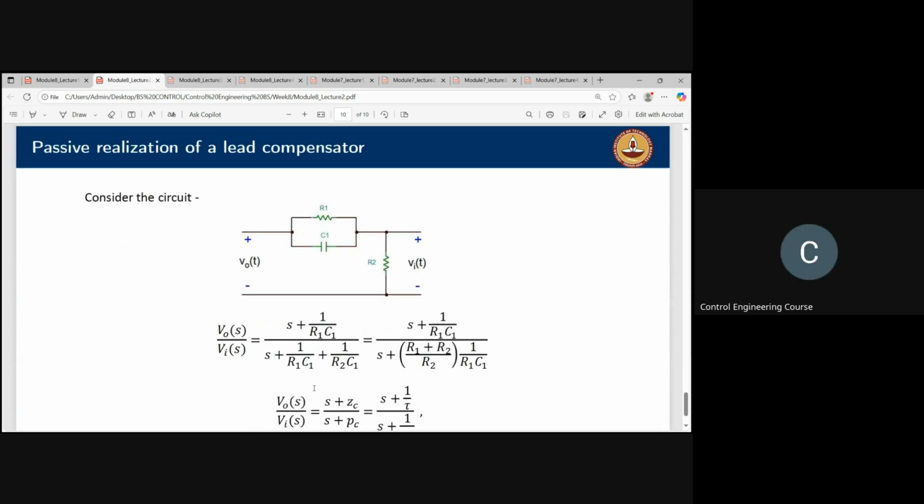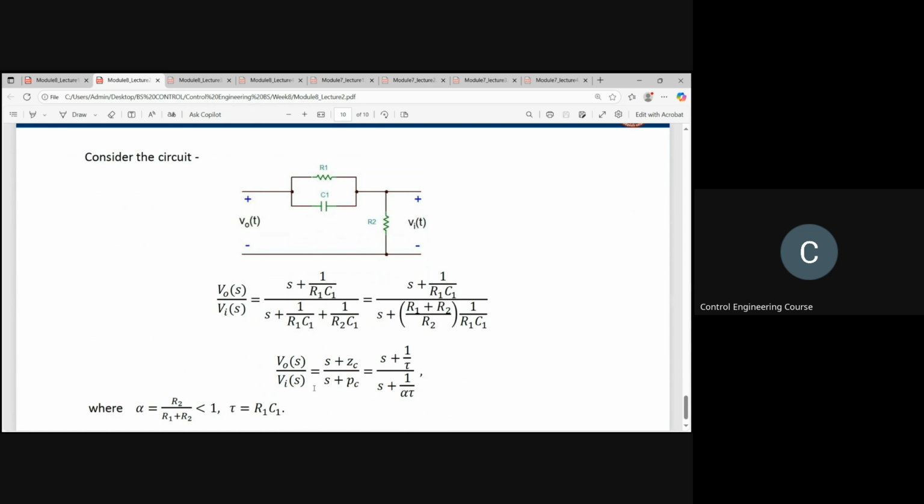And then this is how you actually physically realize a lag compensator. On those days, the beginning of the 20th century and the end of the 19th century, you didn't have any digital circuits. All your controllers would have to be realized by electrical circuits only, RLC only. So this topic was very important: how to realize physically a transfer function using analog devices.